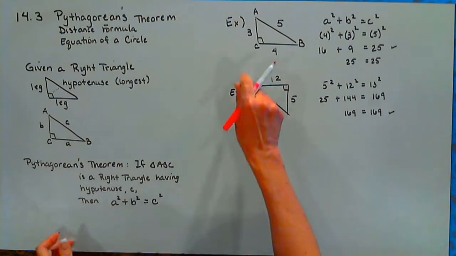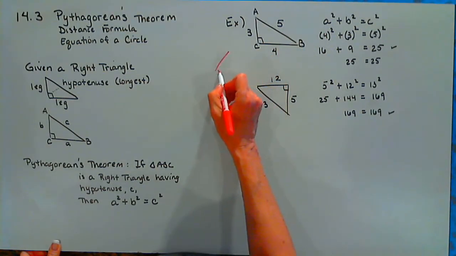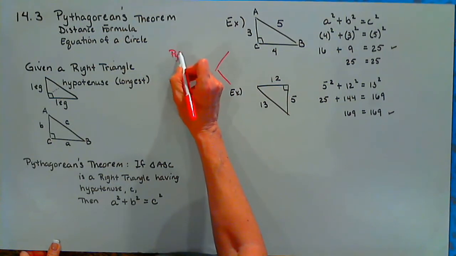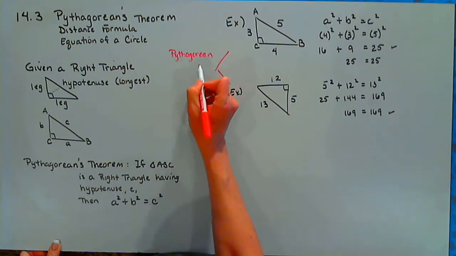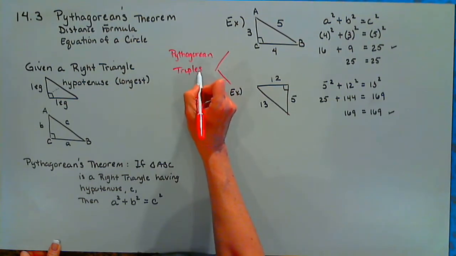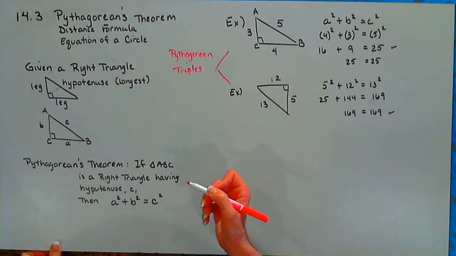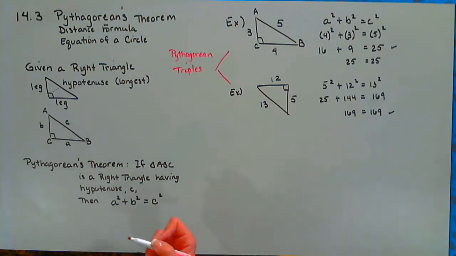A 3, 4, 5 triangle, a 5, 12, 13 triangle, we call those Pythagorean triples because they produce nice whole numbers. There are some other Pythagorean triples we may run across, but I wanted to show you that.